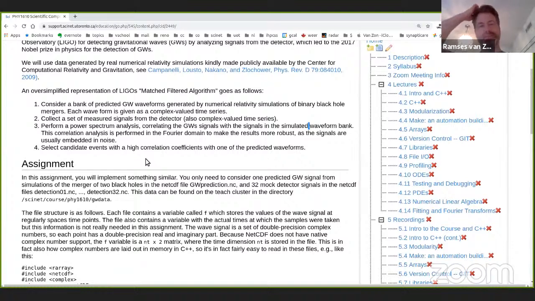Okay. The reason you do this in the Fourier domain is that it's much easier to see that they are the same. You don't really know exactly when the signal starts until you start measuring it, so a small shift in how you timed your measurement could cause a big change in whether this is matched or not.